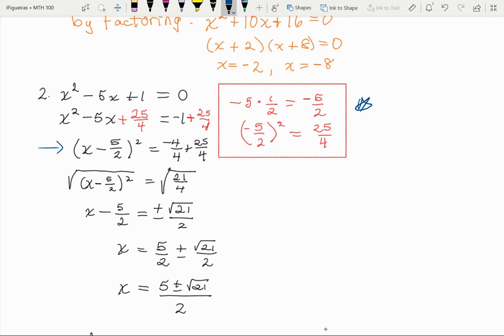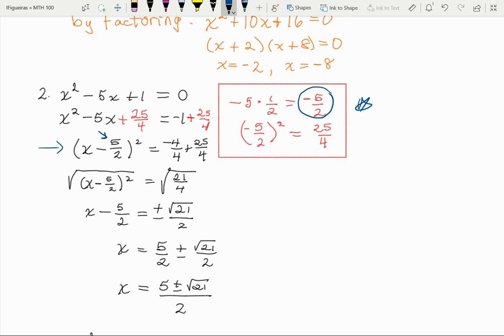How do you know what to put here? The work is really done. Once you take half of the middle term, you get what that factor should be. The negative 5 halves should be right here in that work you did on the side. So it'll be x minus 5 halves squared equals 21 over 4.